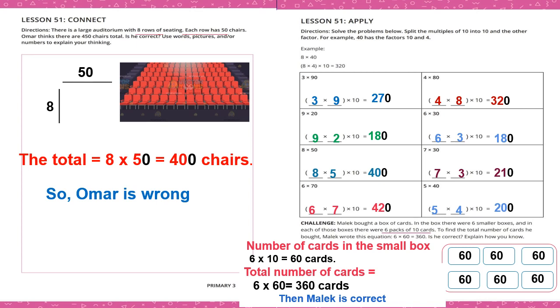So you can get it by using multiplication. 60 times 6 or 6 times 60, the same, equals 360 cards. So the total number of cards in the box, 6 times 60 equals 360 cards. Then Malik is correct.